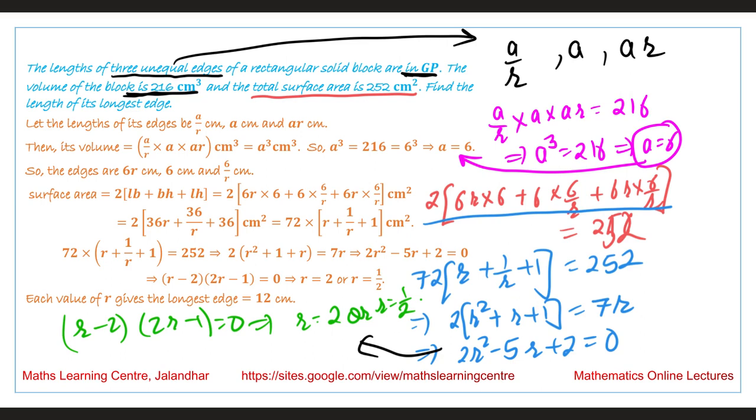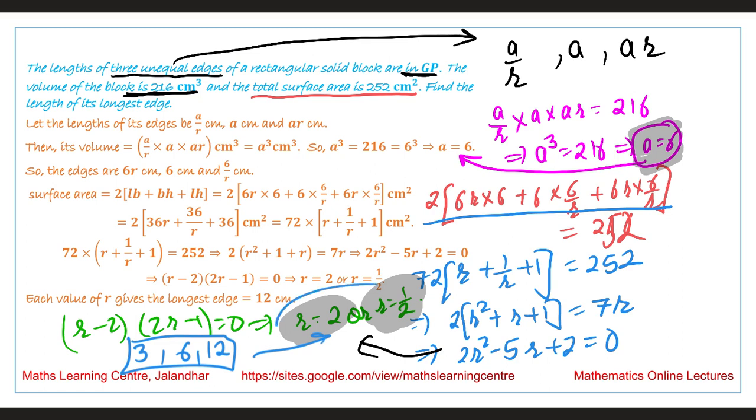Corresponding to these values, we have the value of a equal to 6 and r is 2 or r is 1 by 2. When you substitute these values, the sides we obtain are 6, 12, and 3. So the three sides are 3, 6 and 12 in both cases. So the longest side we obtain in both the cases is 12.